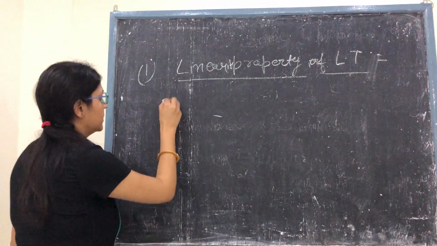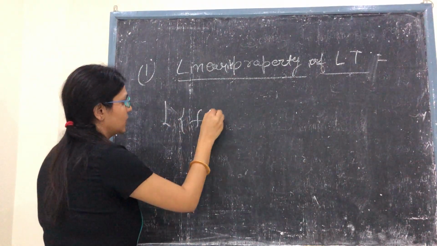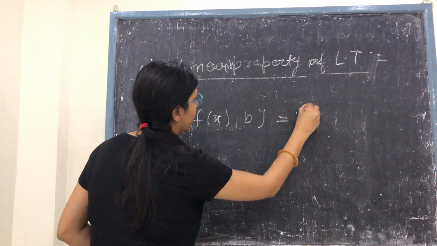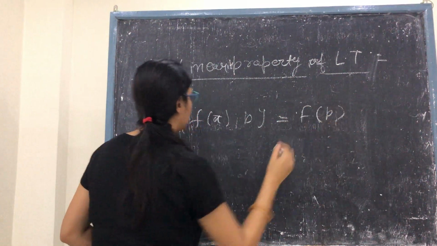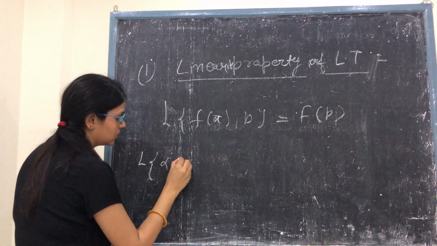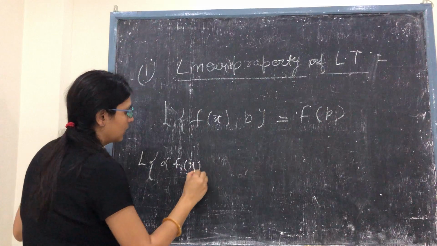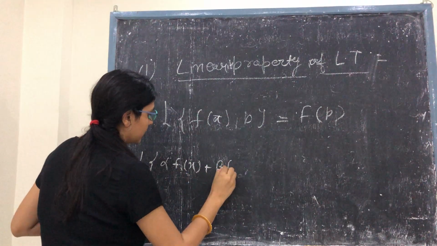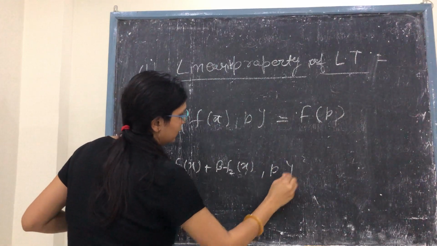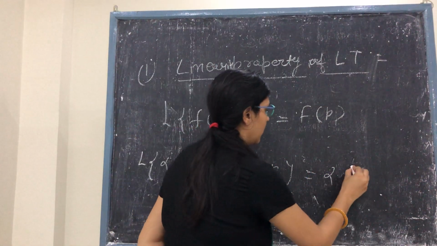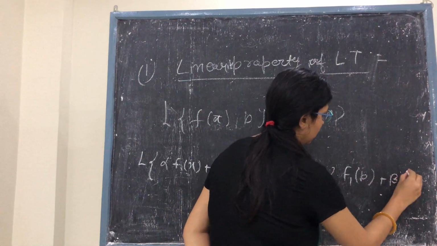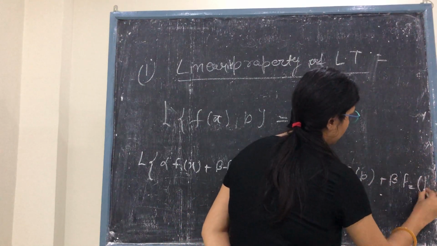This property says that if the Laplace transformation of a function of x is denoted by f of p, then the Laplace transformation of alpha f1x plus beta f2x is defined as alpha f1p plus beta f2p.